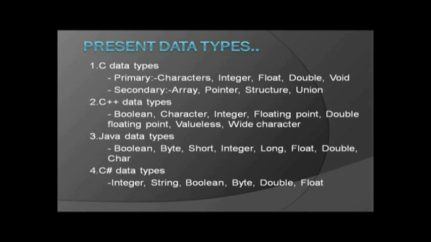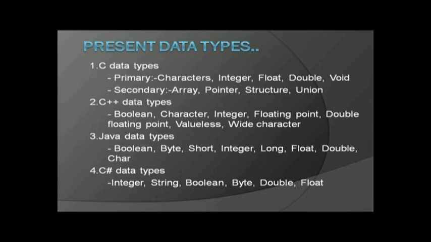Examples for secondary data types are array, pointer, structure, and union. C++ data types. C++ offers the programmer a rich assortment of built-in as well as user-defined data types. Examples for the C++ data types are Boolean, character, integer, floating point, double floating point, valueless, and wide character.